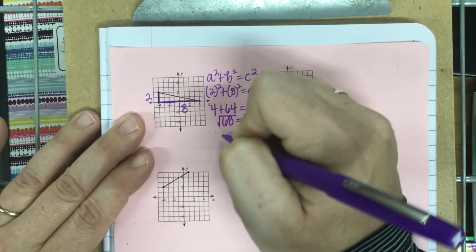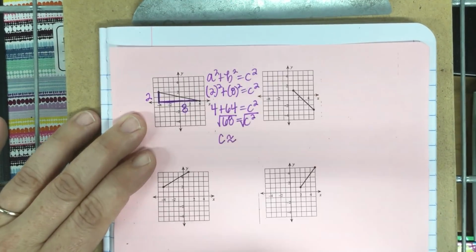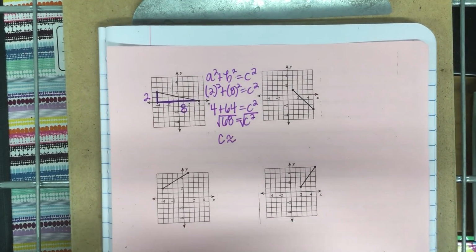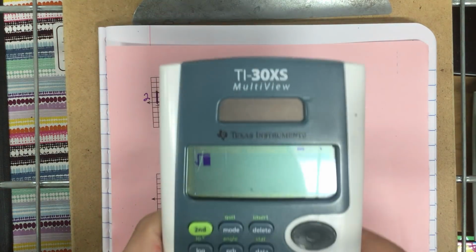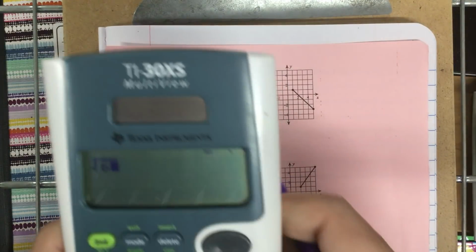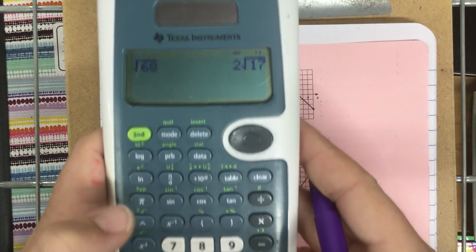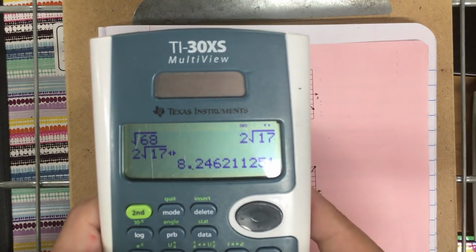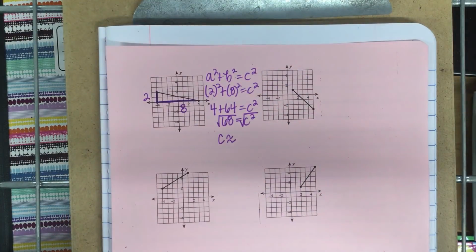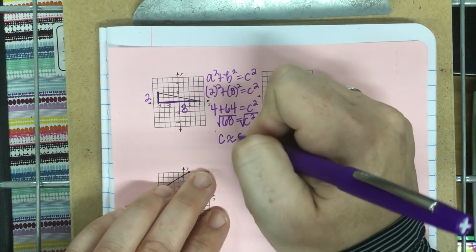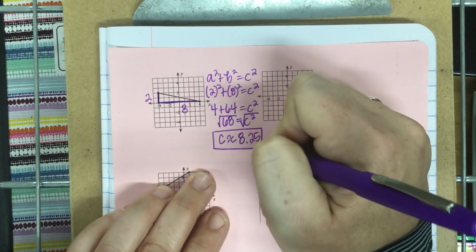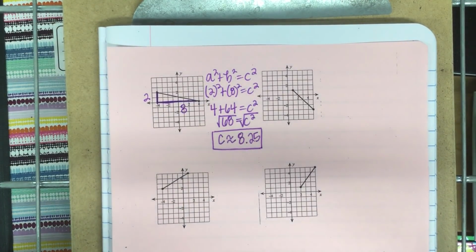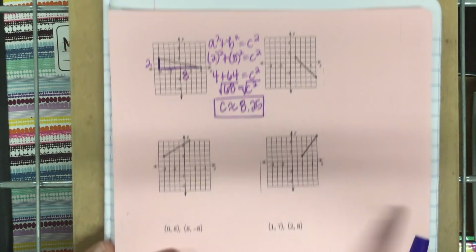And the square root of 68, again, I know that it's going to be between 64 and 81, meaning 8 and 9. Oops, 68. And I'm going to convert it. 8.25. Again, if you need to pause because we're going too fast, you totally can.